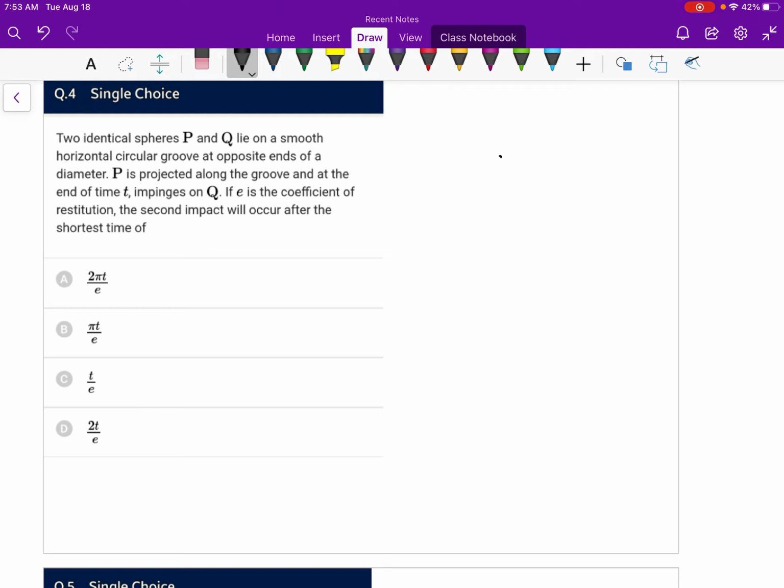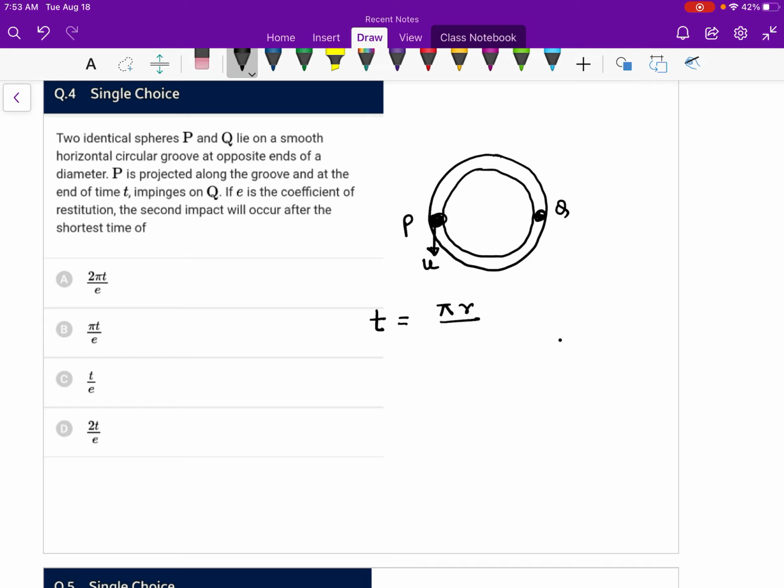This is the circular groove, and suppose P starts from this point with speed u, Q is at rest. So time T is the relative distance, which is πr, upon relative speed, which is u. So this is the time taken.